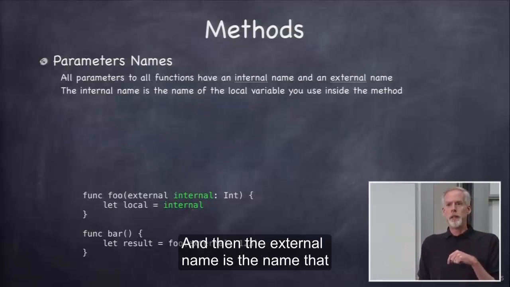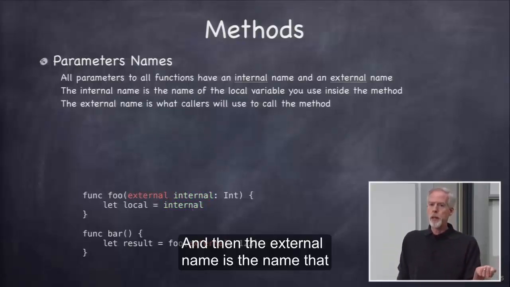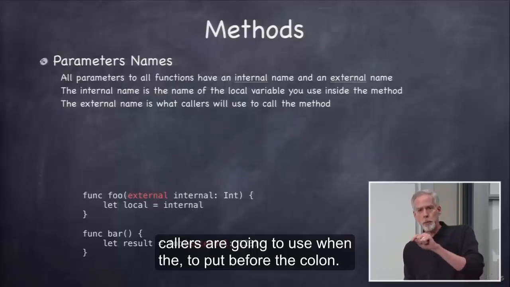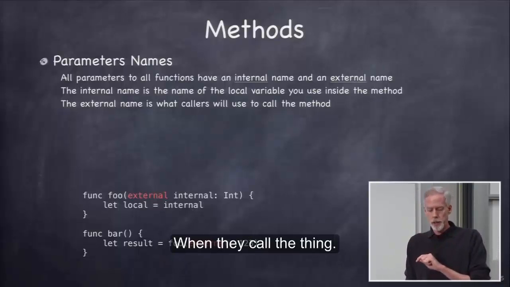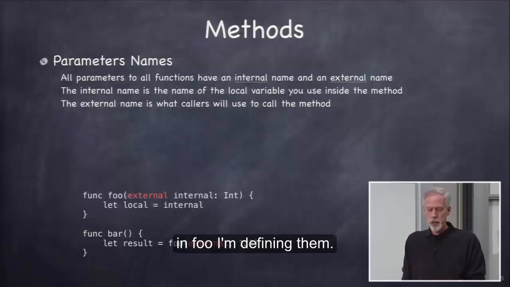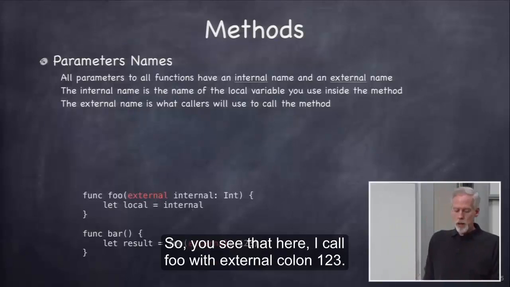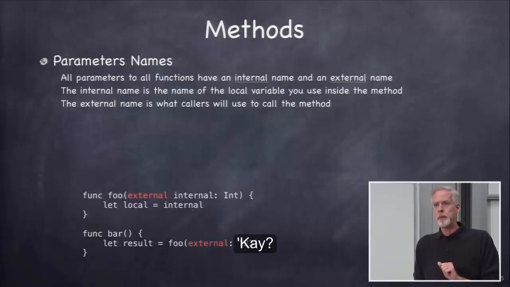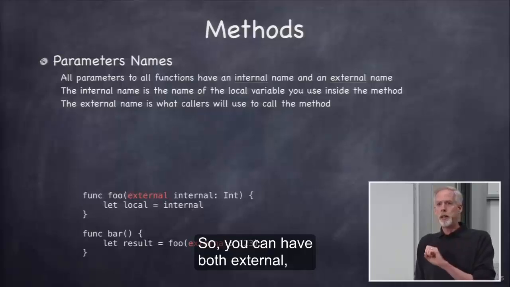And then the external name is the name that callers are going to put before the colon when they call the thing. So in bar there, I'm calling things, and in foo, I'm defining them. You see that here I call foo with external colon 123, even though internal to foo, that thing is called internal. So you can have both external and internal names.